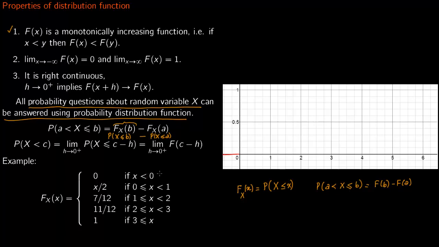This is a less than sign here, so you have a hole right here. But then between 0 and 1 it is x by 2. So we draw the graph of x by 2. You can think of it as y equals x by 2, where y is f of x. So this is the graph of x by 2. Then at 1 there is a hole.